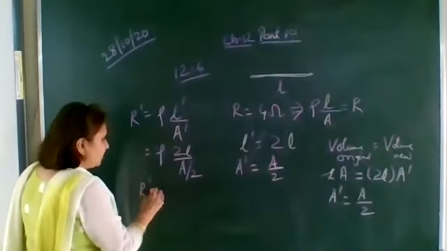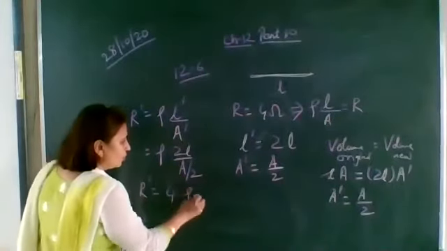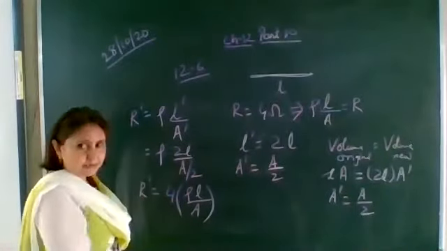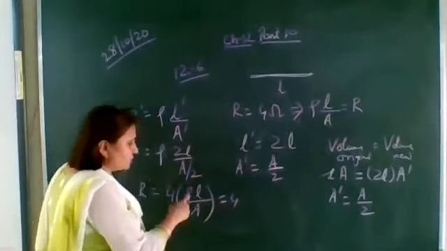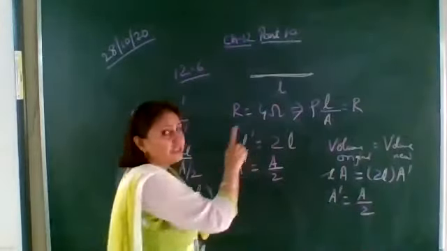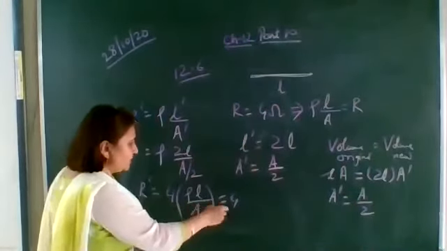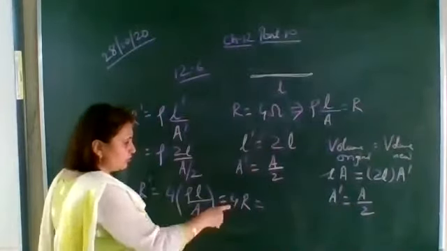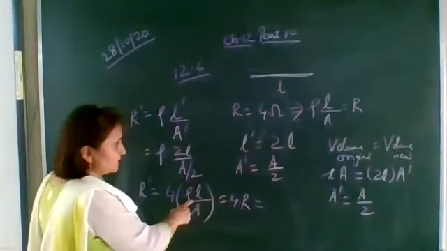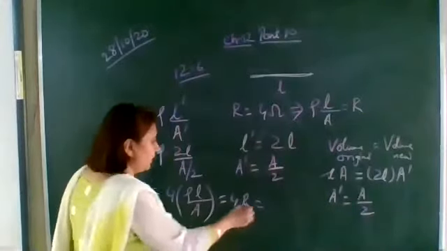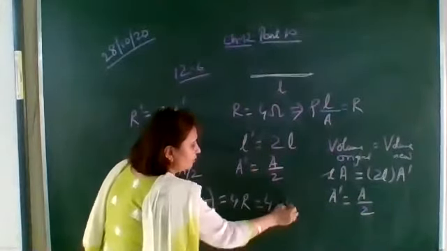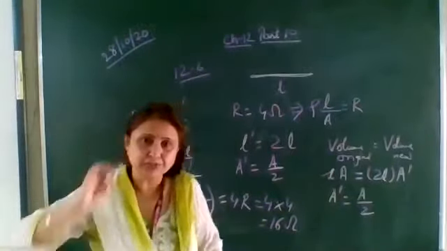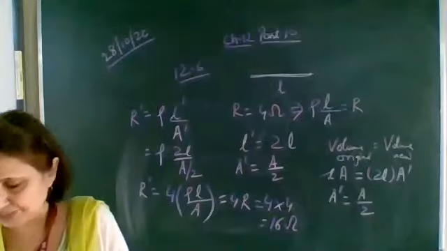Hence R dash is equal to 4 times rho L upon A. Rho L upon A is equal to R, the original resistance, and R is given as 4 ohm. So 4 into 4, 16 ohms. So the new resistance after stretching becomes 16 times.